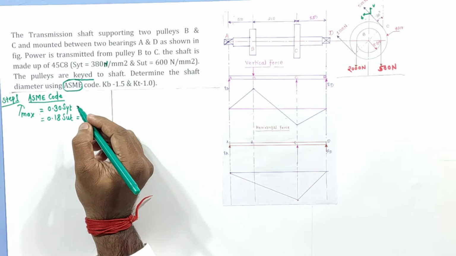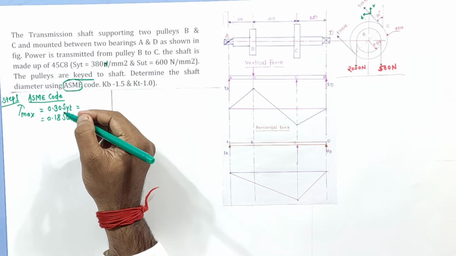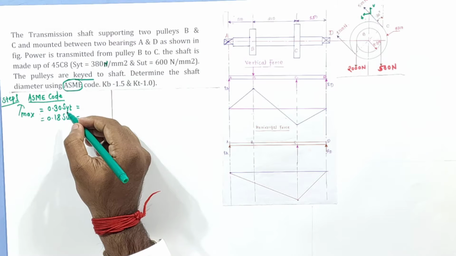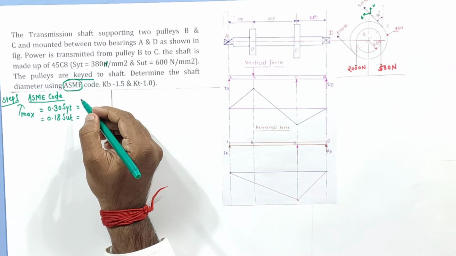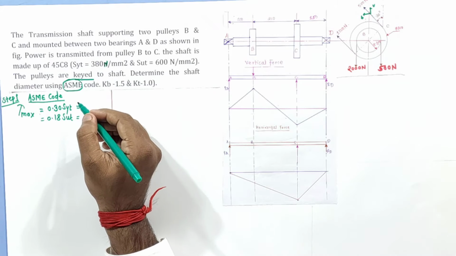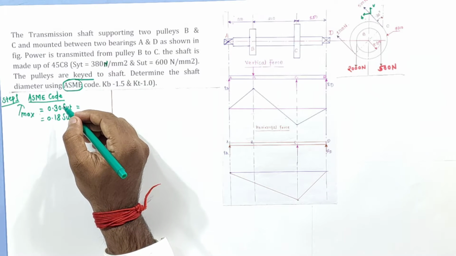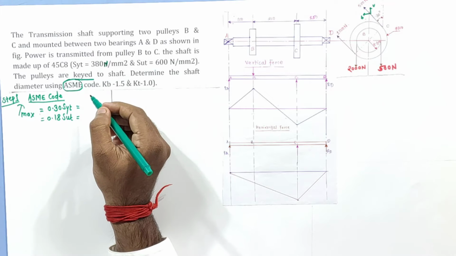Select whichever is the minimum value out of that, and it will reduce up to 25%, so that we'll get the maximum shear stress. So just calculate. SYT is given 380 and multiply by 0.30. It will come around 108.3 SUT.